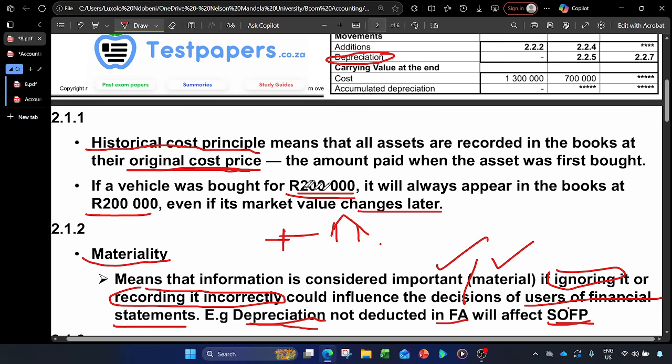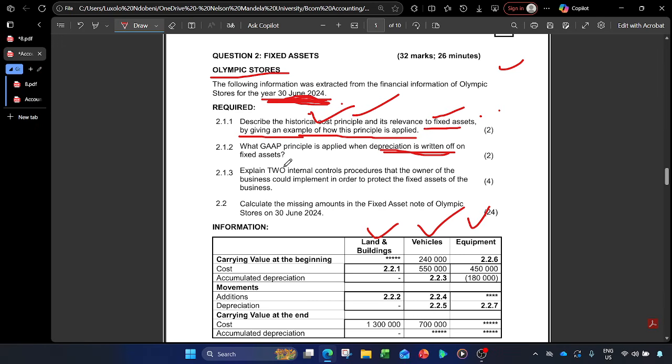So that means that materiality, it is the one that applies to what, to the GAAP principles. It is the GAAP principle applied when we depreciate. Depreciation is written off or is deducted on the fixed assets. Fixed assets, remember, vehicles, equipment, machinery, land and building. Or not land and building, because land doesn't depreciate.